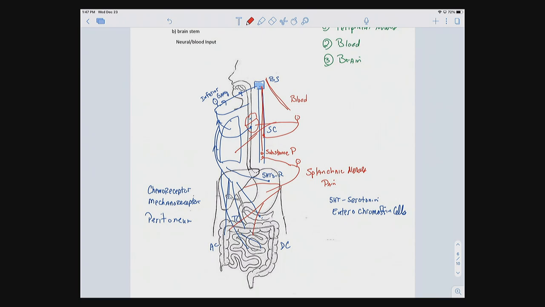The reason I bring this up is because we know that pain can also cause vomiting and nausea, severe pain. I'm not saying all pain causes it, but I am saying some pain causes it. So nausea, vomiting associated with pain is not that uncommon.